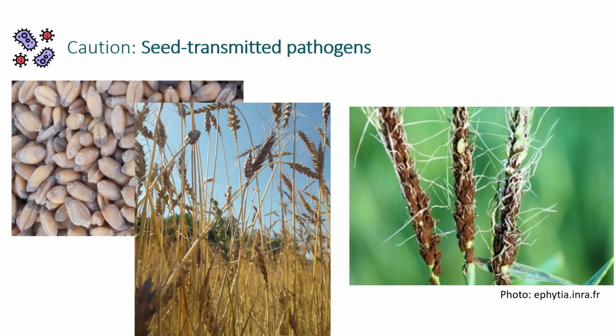It is important to keep in mind seeds also bear microbial species which can cause severe plant disease if they find the right environmental conditions. On cereals, for example, both common bunt on wheat and loose smut on barley are seed transmitted, requiring caution when propagating and distributing seed.